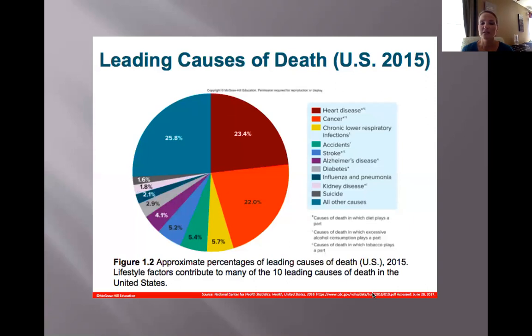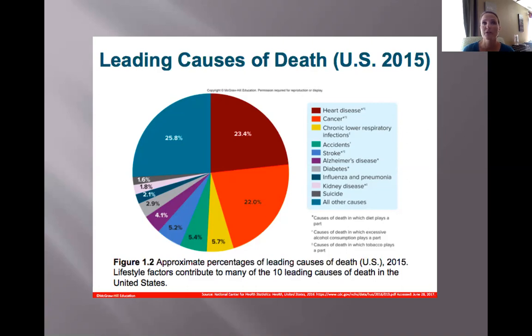So the leading causes of death, you can see here, looking at the chart, that heart disease is a major cause of death in the U.S. And stroke. Those two together are almost 50% of our deaths, and we call those cardiovascular diseases because they have to do with the cardiovascular system.